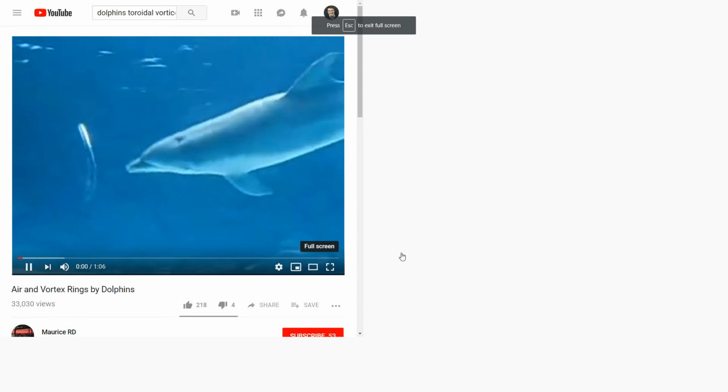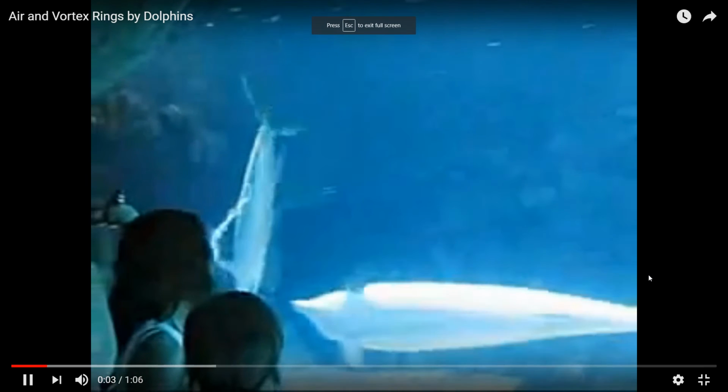So an example of vorticity in nature: dolphins, and other marine animals, have this incredible ability to manipulate vorticity underwater. What these dolphins are doing, like in some of that video I just showed you, is creating these spinning rings, these vortex filaments. They're blowing air into them and playing with them like loops.